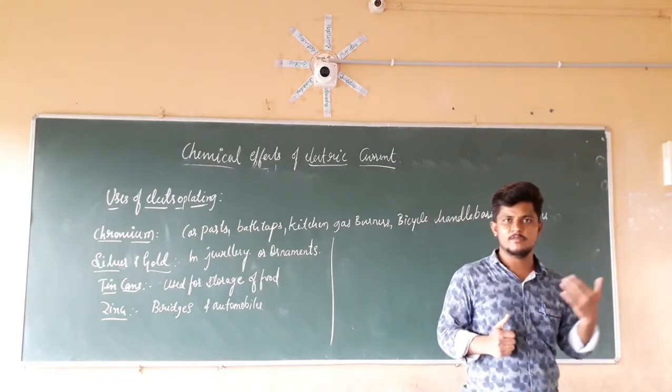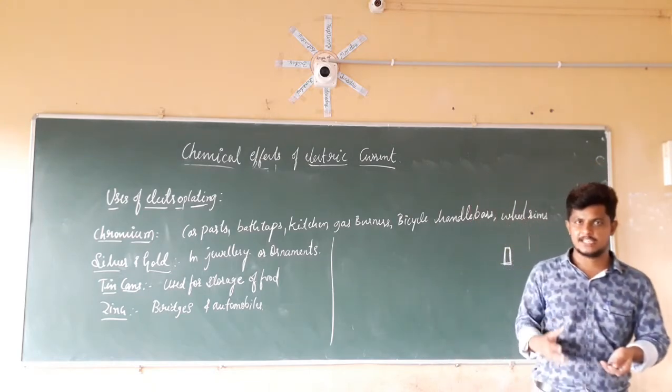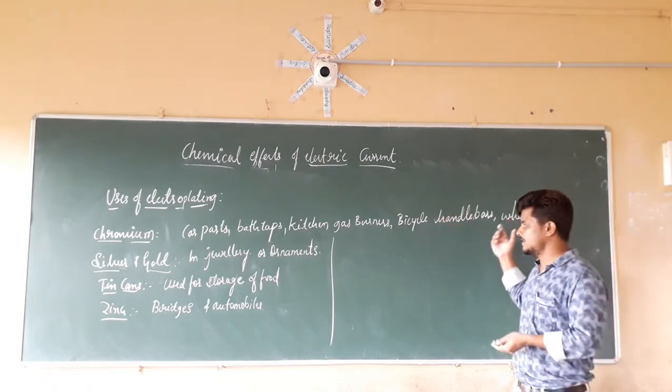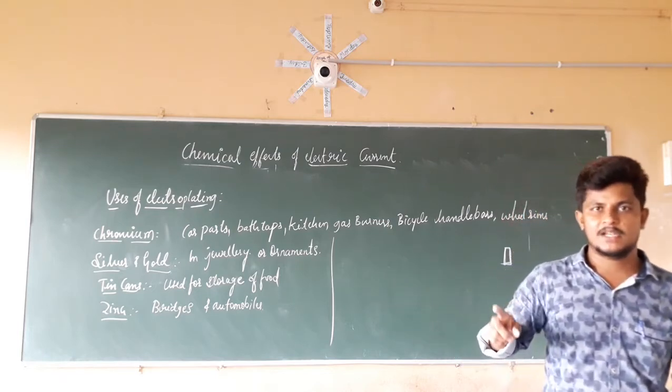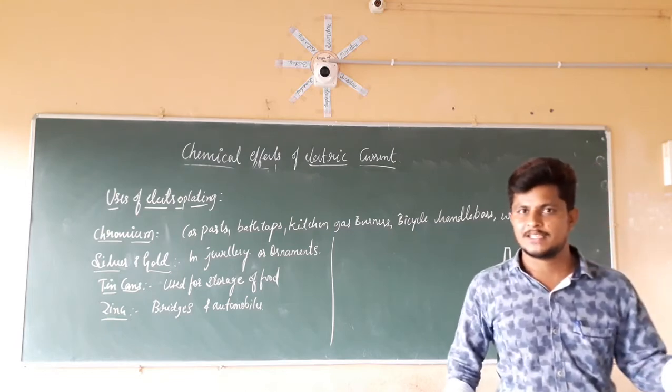Chromium is an expensive material compared to iron. Iron is easily available and cheaper. If we make the rim of chromium only, the expense will be very high. The cost of that bicycle will be very high.